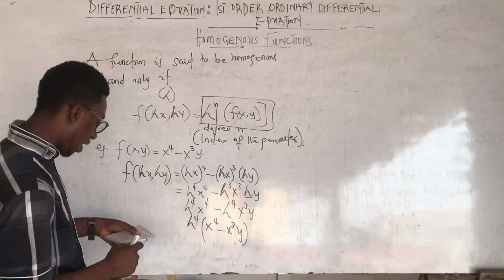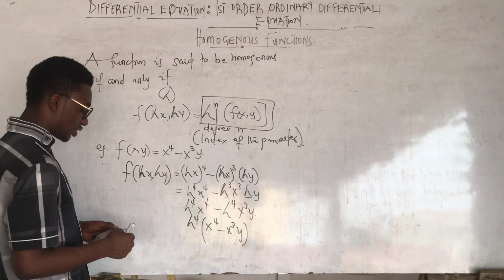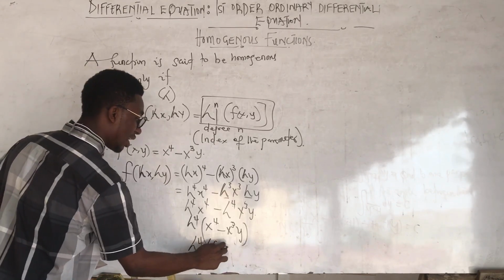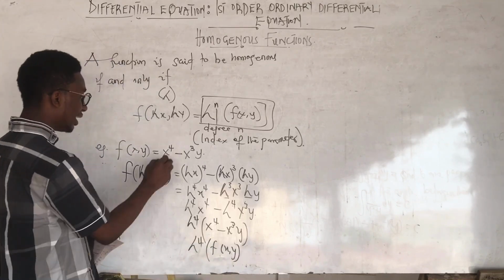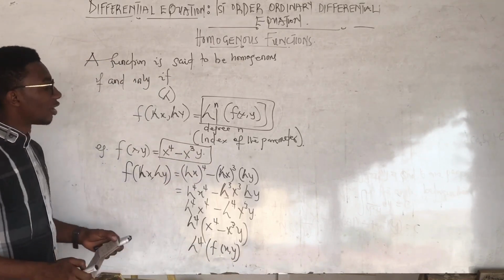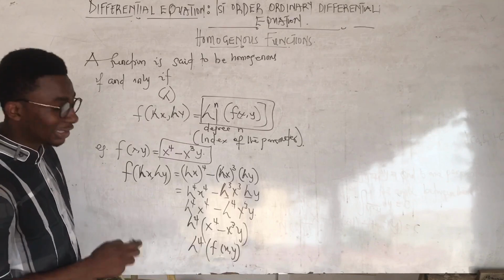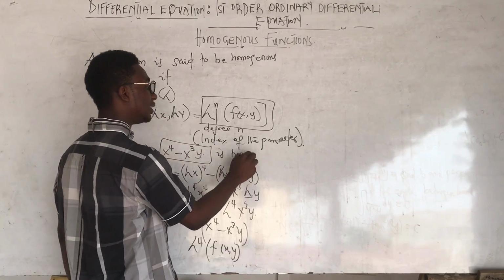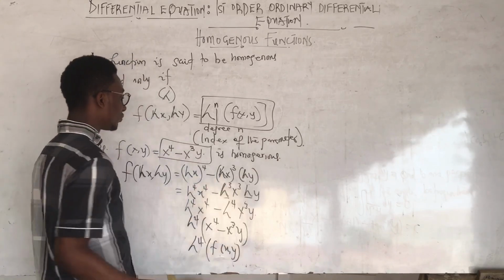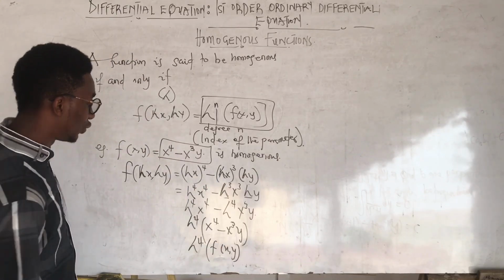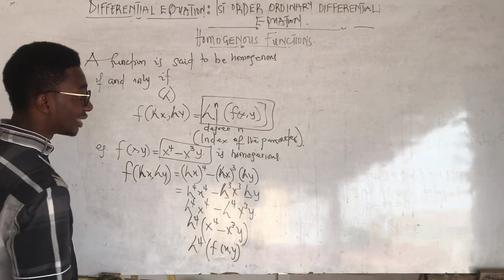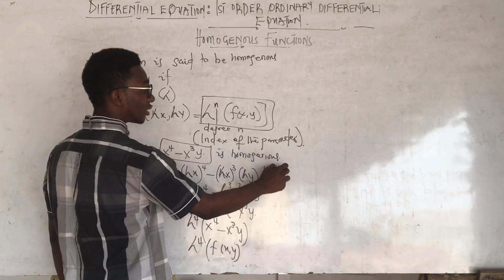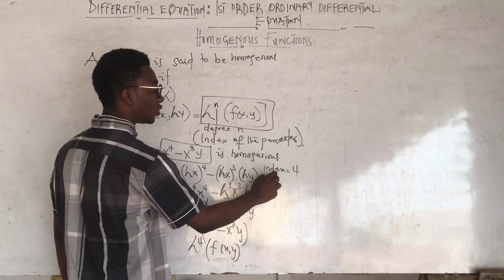Because lambda to the power 4 multiplies the function f of x, y, we can say this function is homogeneous. It has an index of 4, because the lambda is raised to the power 4.